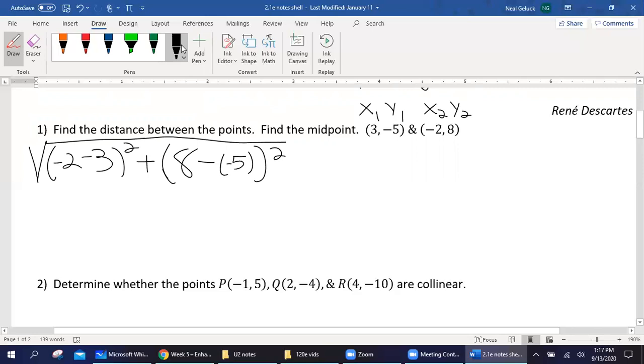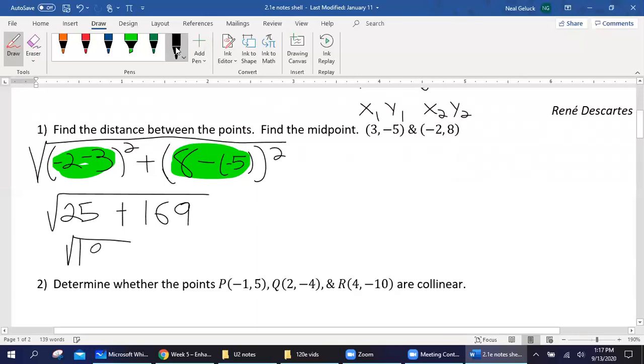So in the first parenthesis, that's going to be -5. That's a -5 squared. -5 squared is 25. Be careful, in the second grouping, that's going to be 8 minus -5 or 8 plus 5, which is going to give me 13 squared. 13 squared is 169.